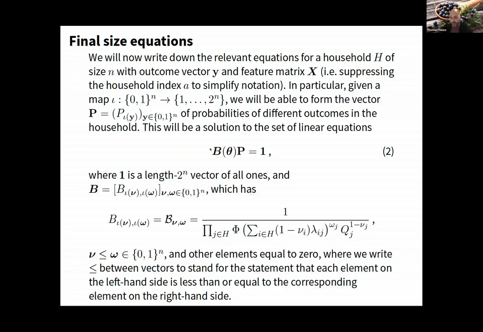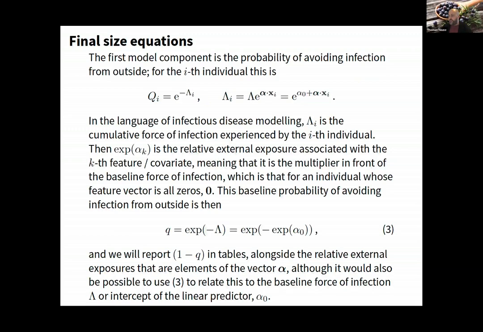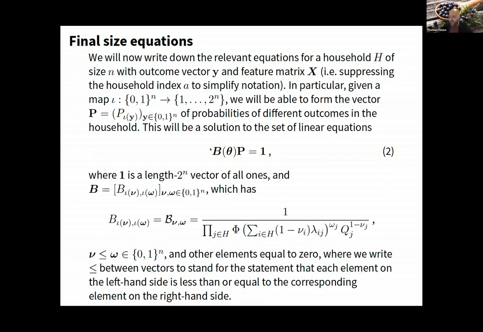So you need this full set of equations for every possible outcome. And what we did is add covariates to this. This is a model where every individual is differentiated, but there's a rate lambda ij of the ith person infecting the jth person. If you try to have a parameter for every possible combination, that's too many parameters and you can't identify it from data.